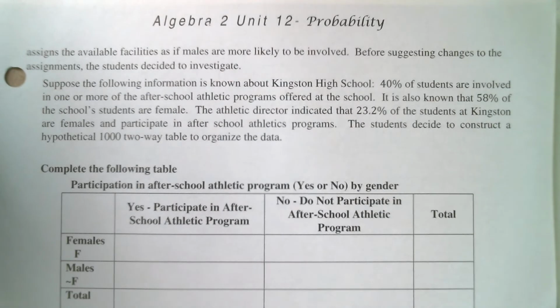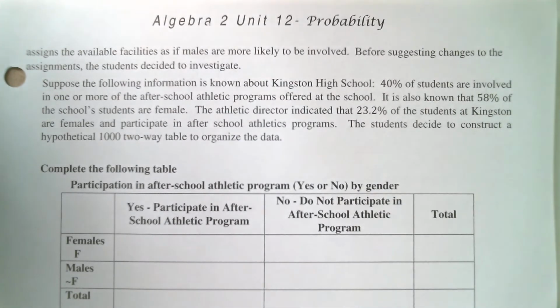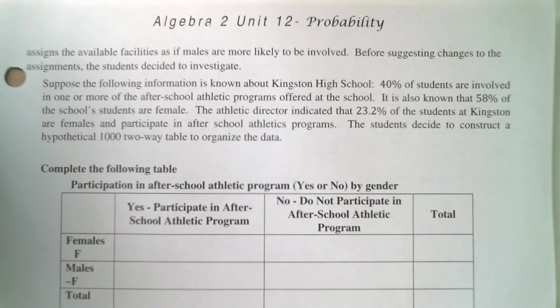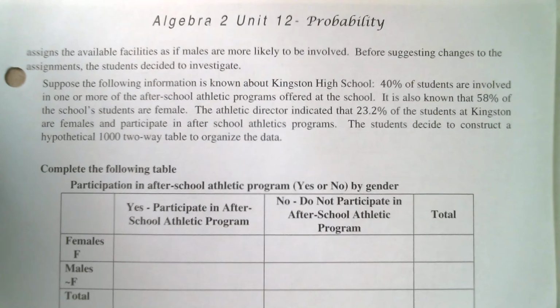Suppose the following information is known about Kingston High School. 40% of the students are involved in one or more of the after-school athletic programs. It is also known that 58% of the students are female.